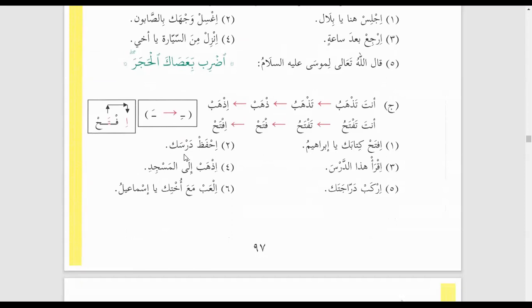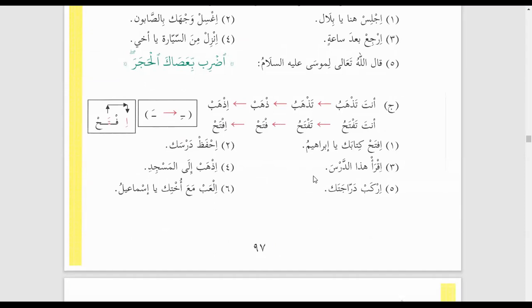Sir, I have a question. Yes, please. Sir, ya Ibrahimu, after harfe nida, Ibrahimu is marfu? Yes, always. Last time we studied that after harfe nida you will have the noun as mansoob. Yes, when it is mudaf, mudaf ilayh. Only then.